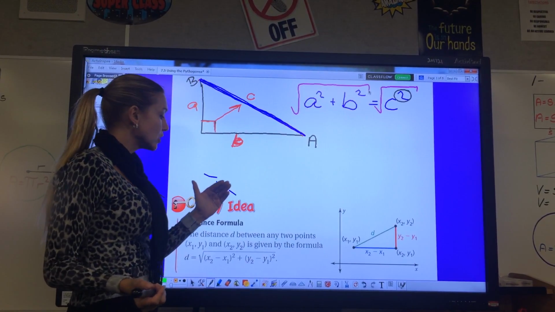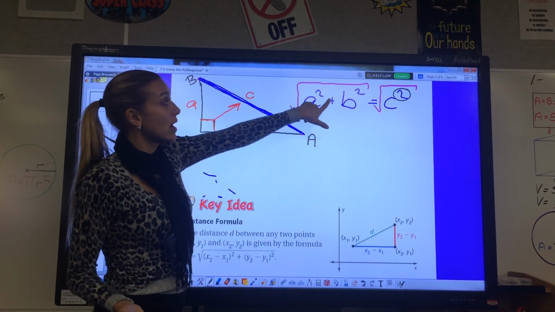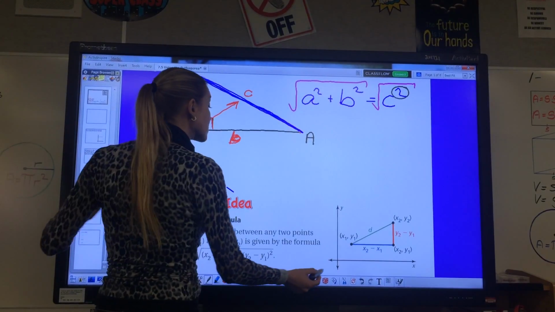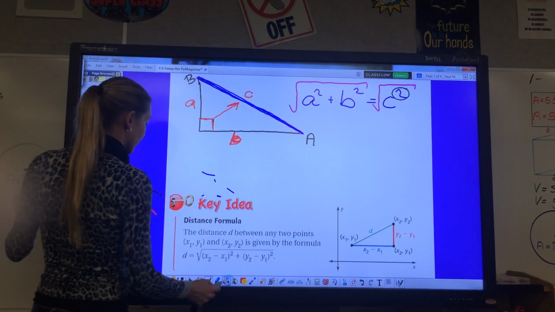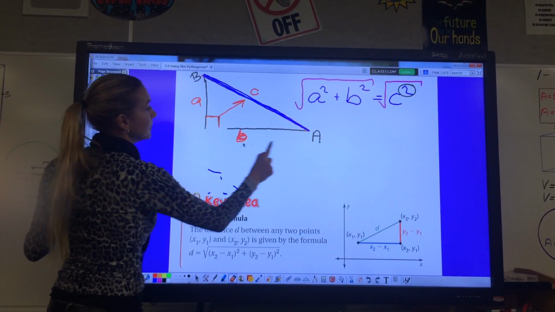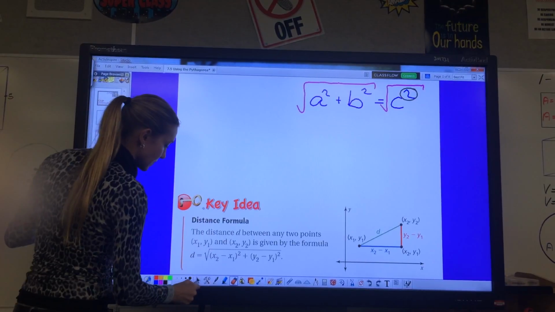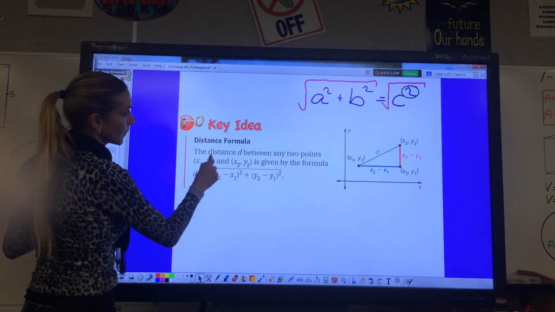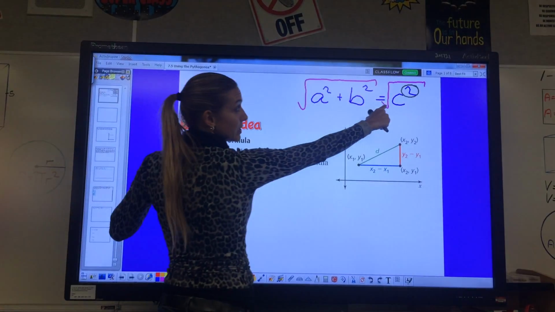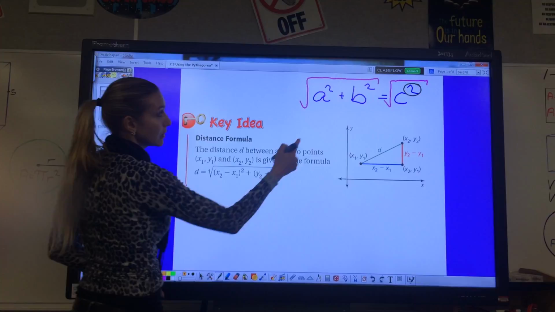So the distance formula is derived directly from this. Let's look at it. The distance formula says D, which is the distance, which is also my C. Remember, if I took a square root of it, what would happen?